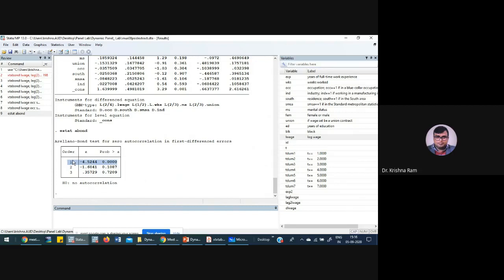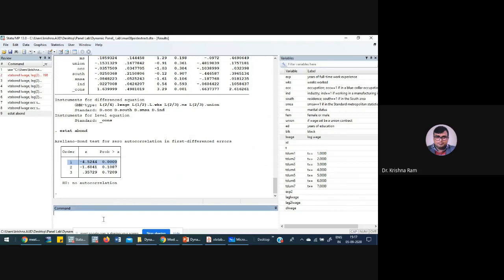If the contrary happens, that means if we accept first and reject later, then there is some kind of specification problem with our model. A little bit more explanation is given in the book. You may go through that.